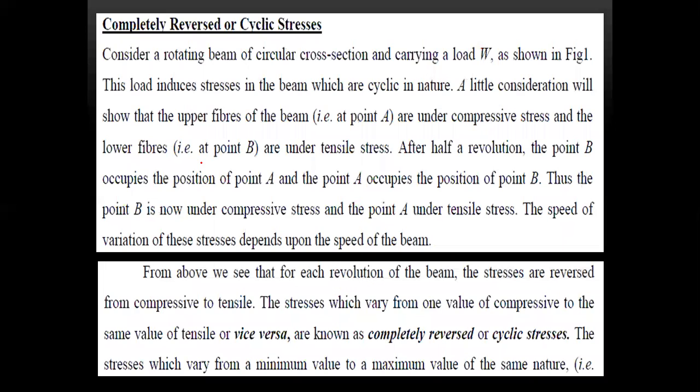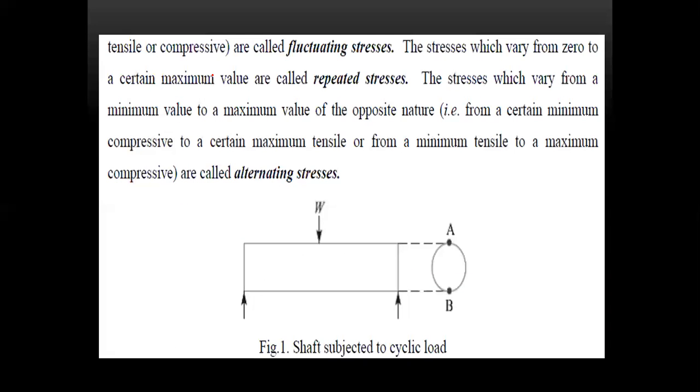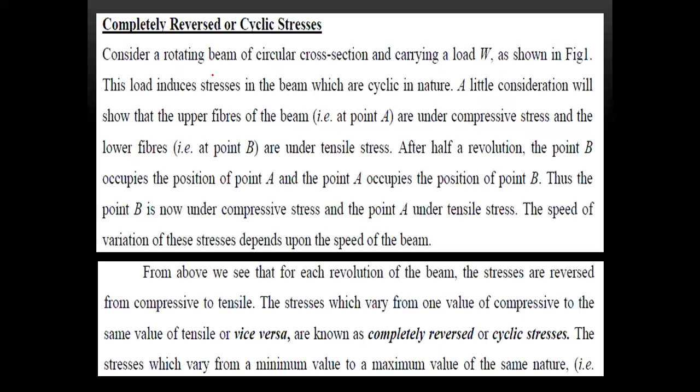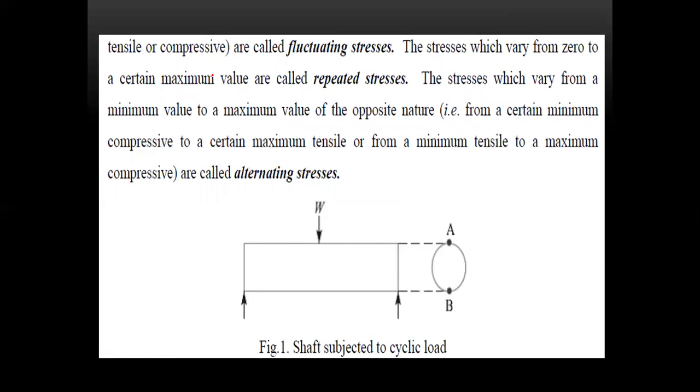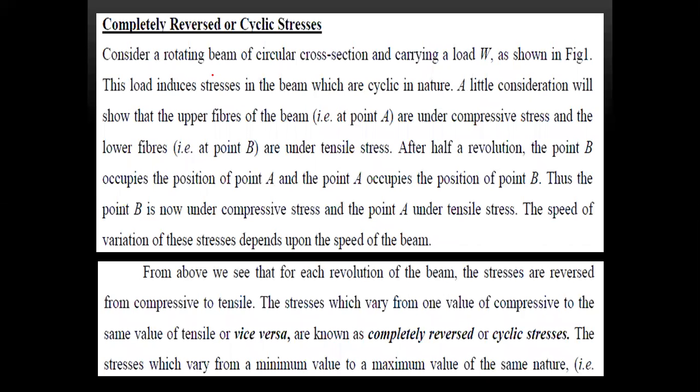Next, completely reversed or cyclic stresses. Consider a rotating beam of circular cross section carrying a load W, as shown in the figure. This load induces stresses in the beam which are cyclic in nature.